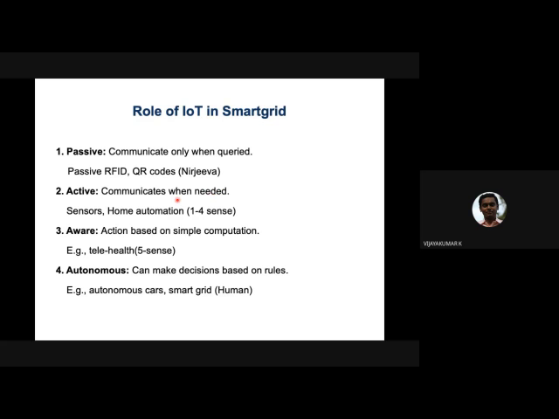Another thing is automation. We are adding all the senses, like seeing and touching, and all the senses you add to it, then your system will be active. Then awareness: to create awareness, you have to do some kind of calculations. You need some data in your system.